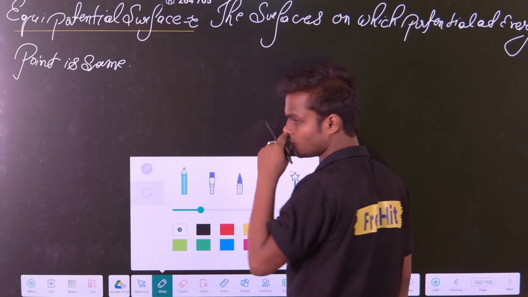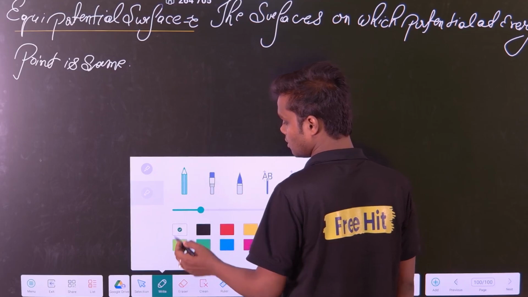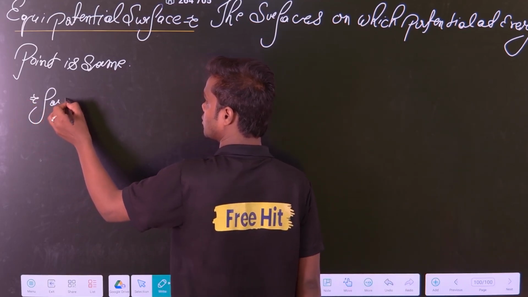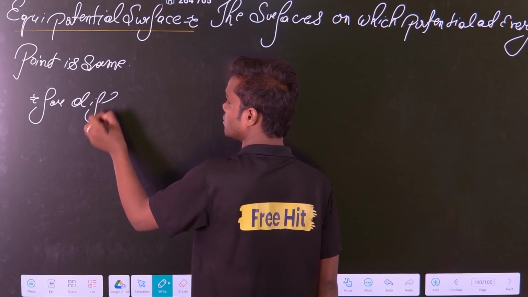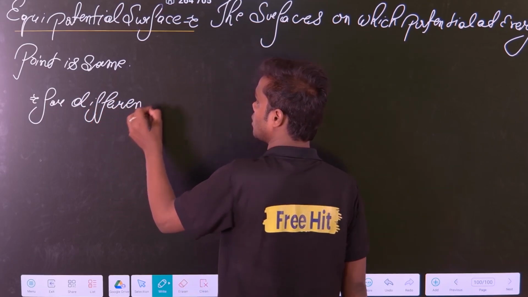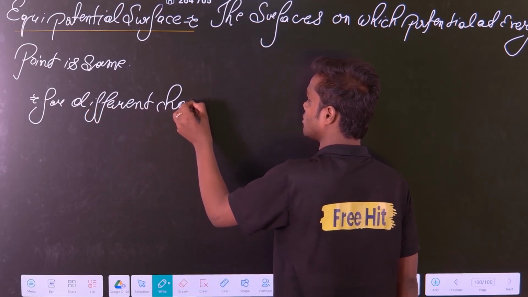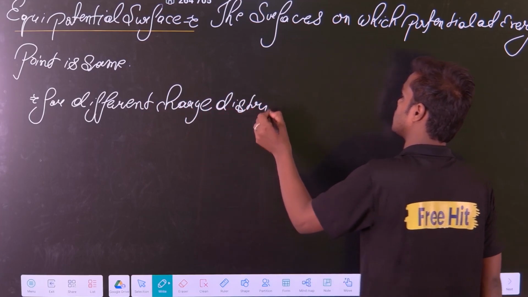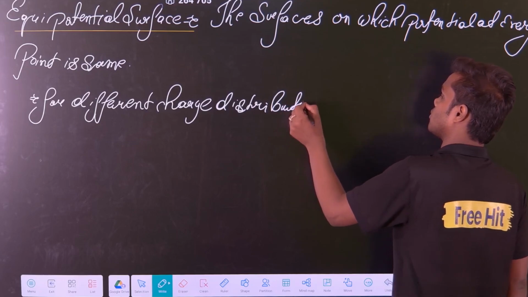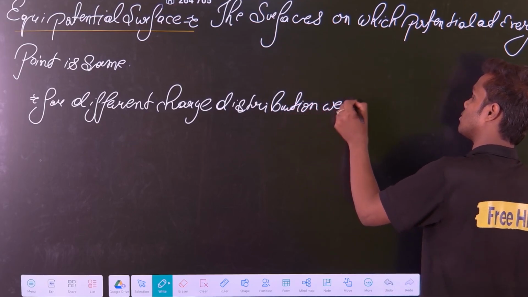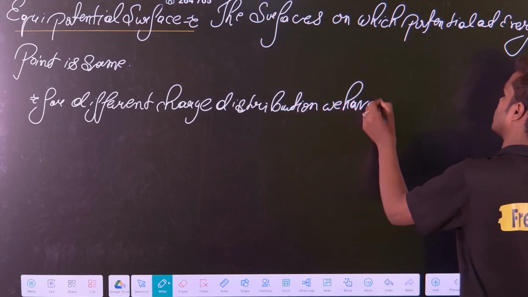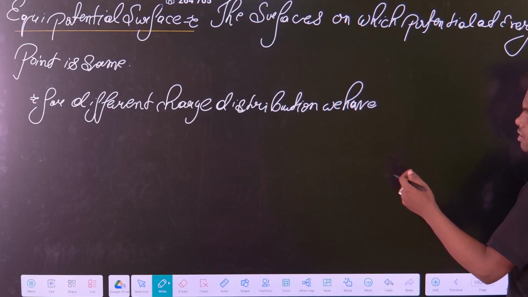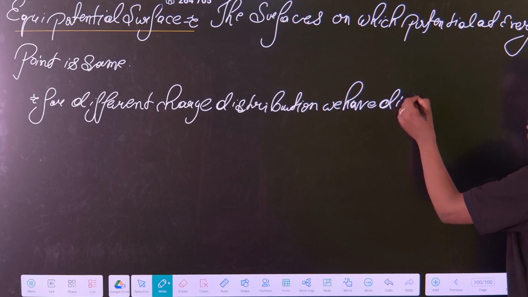Important point one: for a different charge distribution, we have, you can say, different equipotential surfaces.